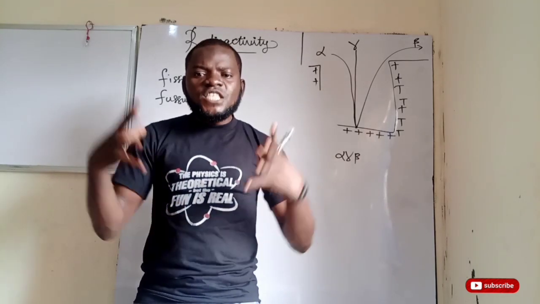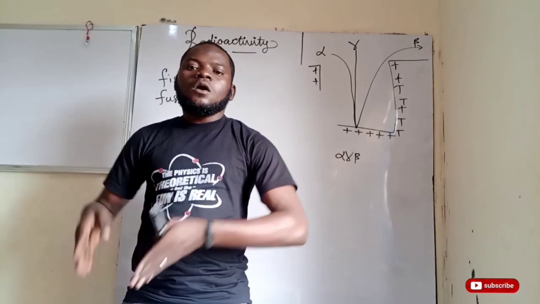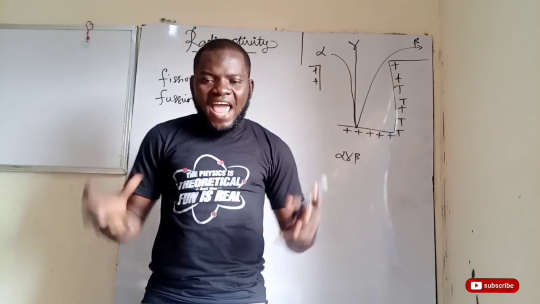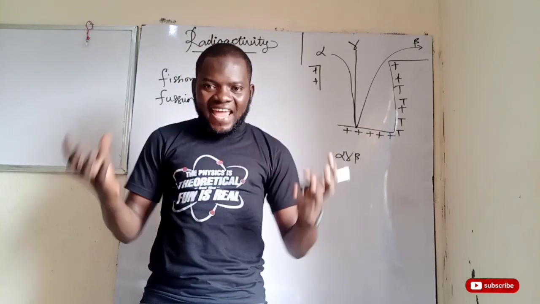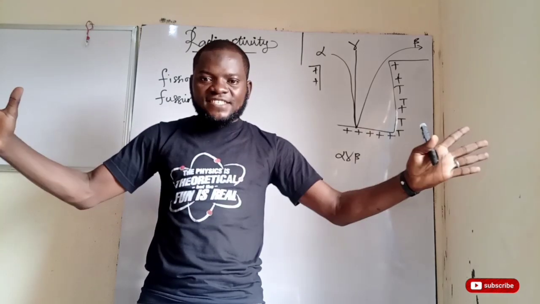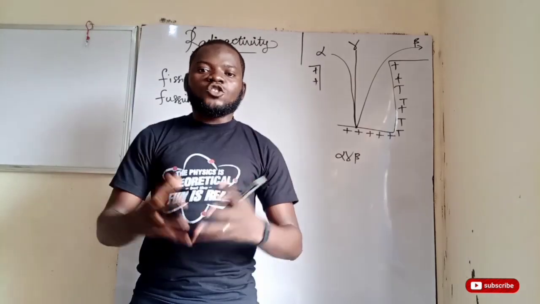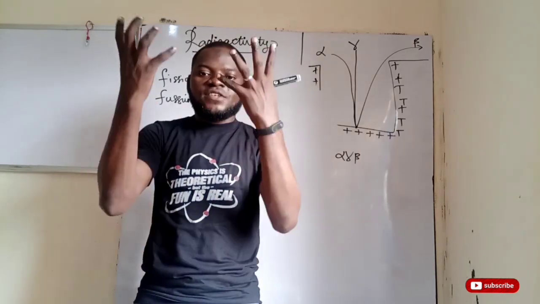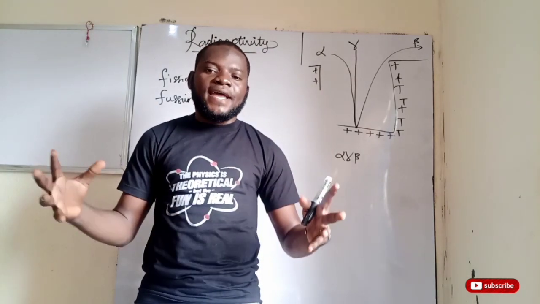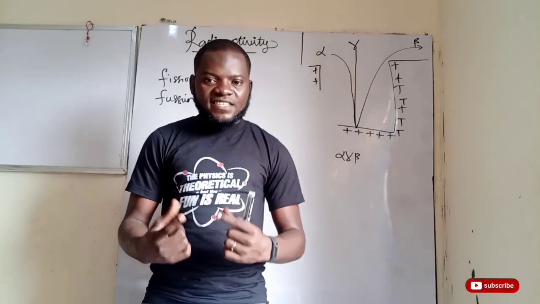Now when it says nuclear fission, it simply means when an heavy nucleus, an element or an atom with an heavy nucleus, splits to lighter nucleus with the release of huge amount of energy. That is nuclear fission. I'll take it again.